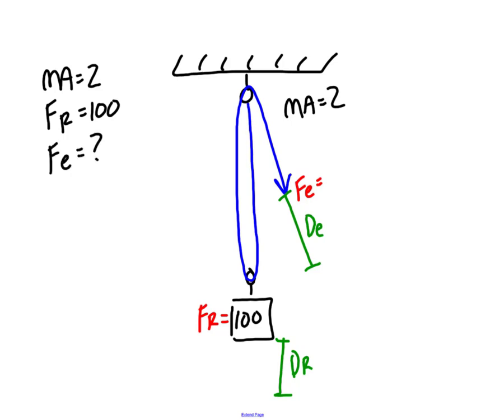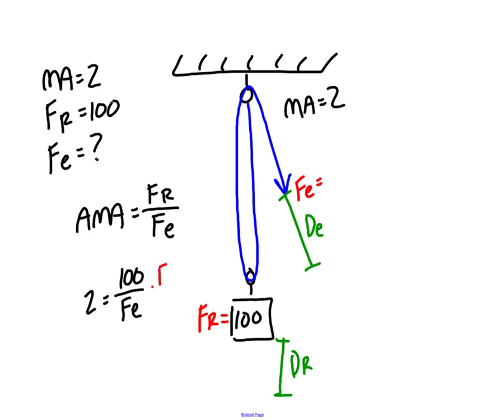Do we have a formula that has FR, FE, and a mechanical advantage? Yes. Actual mechanical advantage. So AMA equals FR over FE. So we get 2 equals 100 over FE. We do our multiplication and our division. Multiply both sides by FE, which cancel out. We have FE times 2 equals 100.